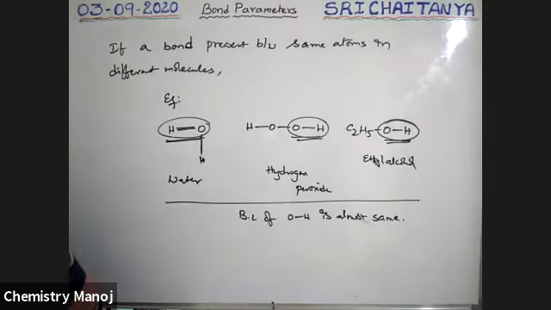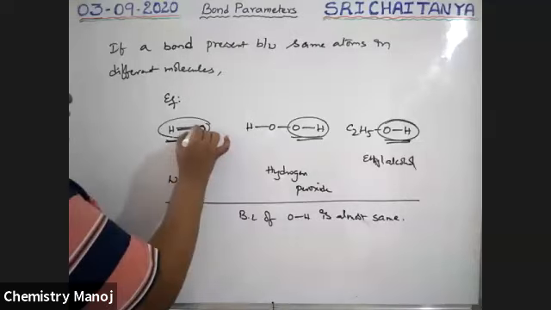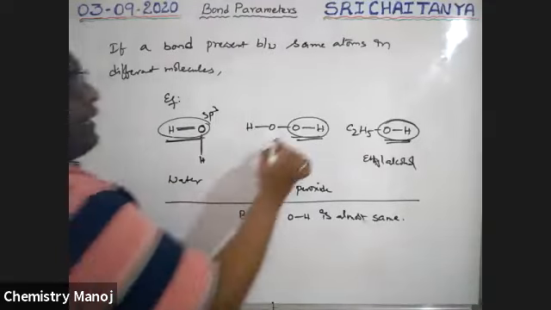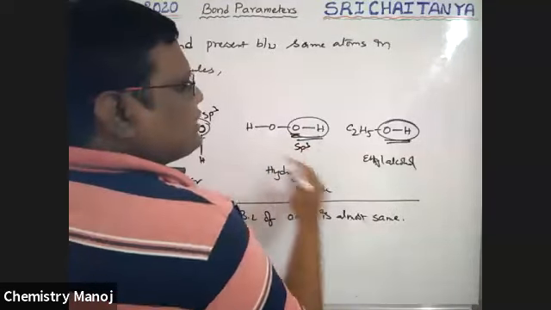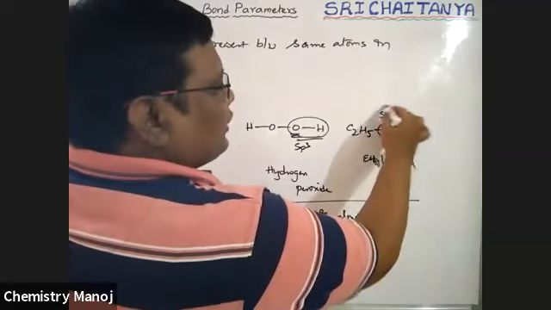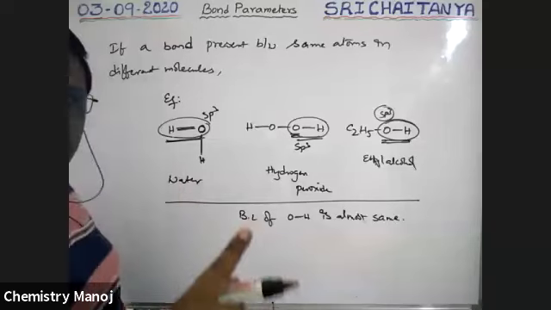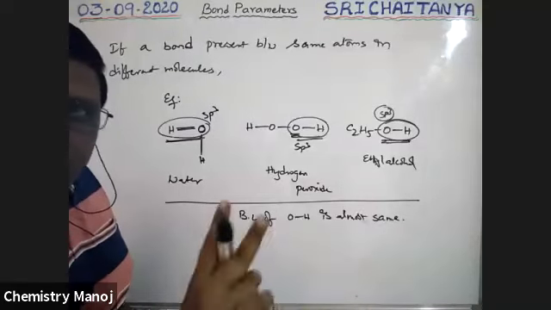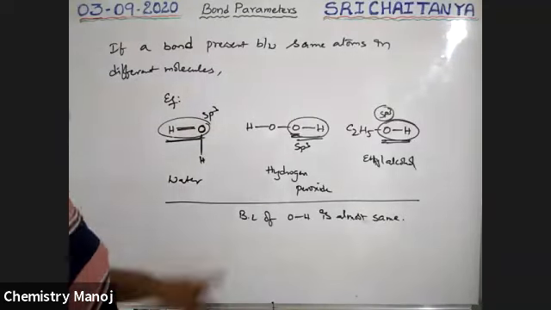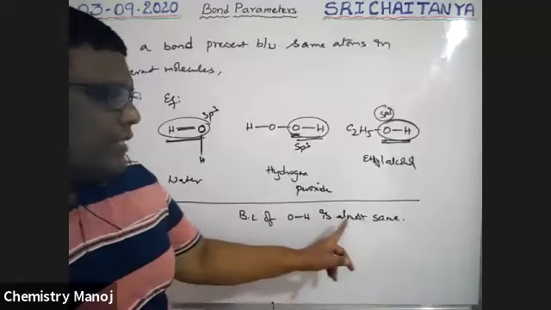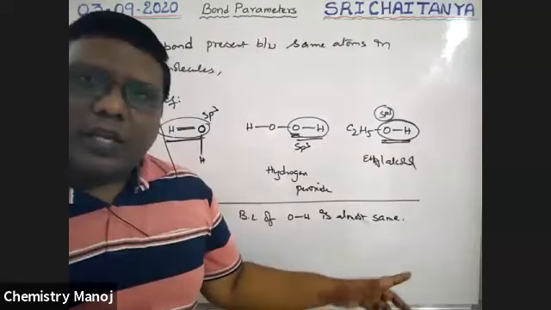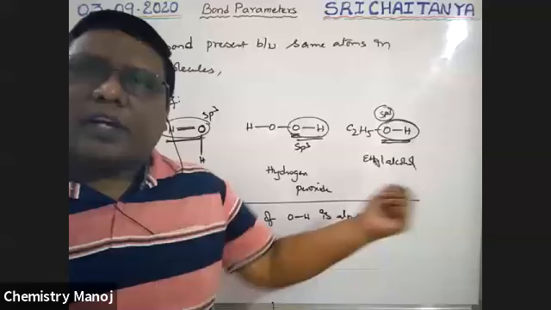And also the hybridization is the same. Here oxygen is in sp3 hybridization, here oxygen is also sp3, here oxygen also sp3. That means all these are in the same hybridization. If hybridization is the same but the molecules are different, but the bond is the same, then the bond length is almost always constant.